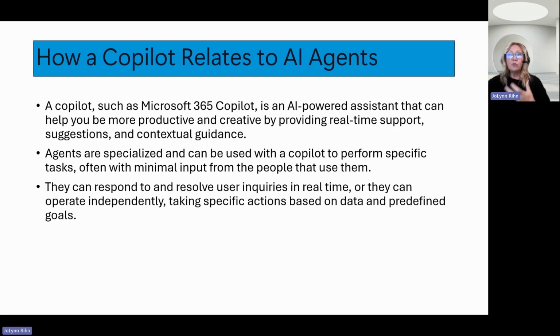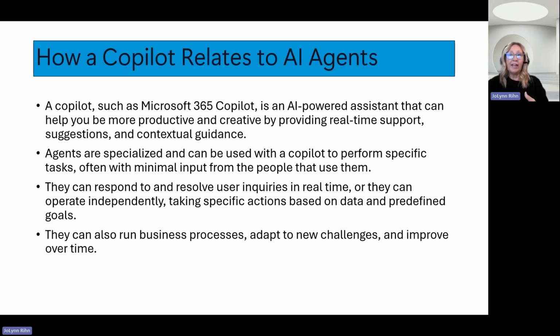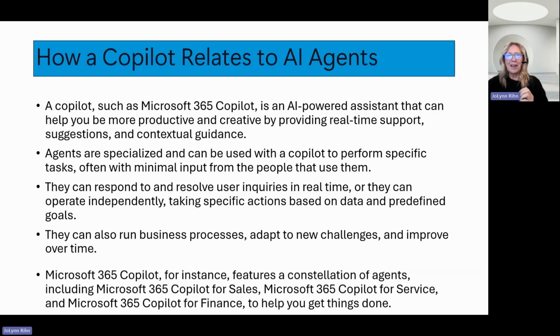So if somebody's chatting with the system, it's in real time. We can create a list of suggested prompts that they get started with, which I see those all the time in customer support websites already. They can also run business processes, adapt to new challenges, and improve over time. That is kind of scary to me. Improve over time. Pretty cool how we could do that.